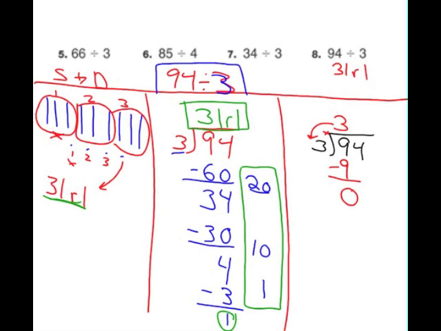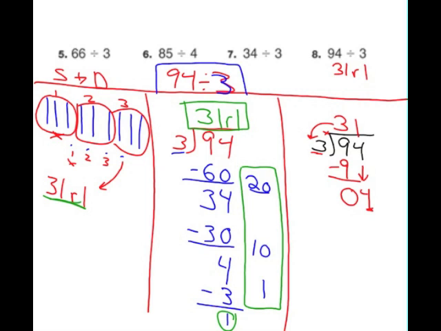This is an important step that many of you who are trying this algorithm did not do. And that is, okay, you have 1s left. Let's bring the 1s down. Bring the 1s place down and look at this as a new division problem. How many groups of 3 can I pull out of 4? 1 group of 3.